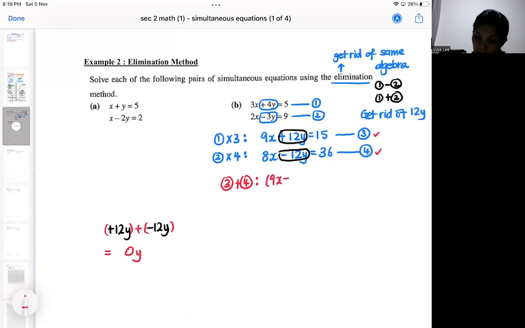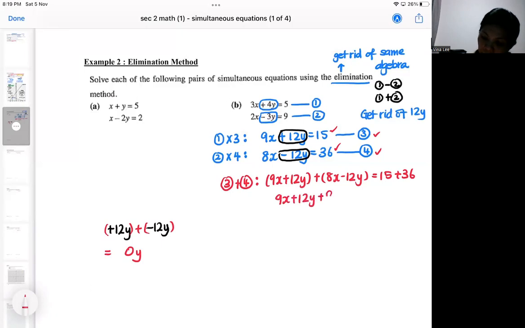So left side plus left side. Right side plus right side. So I'm adding up. So when you add up, you should discover that the 12y disappear.